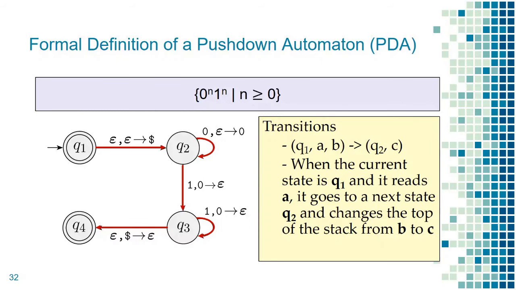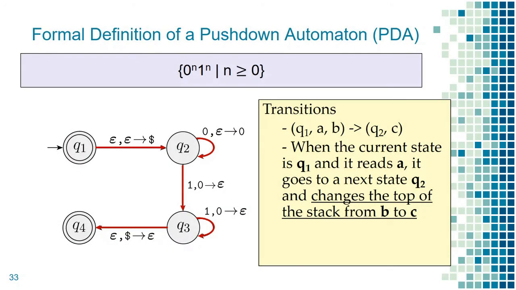With this one, it's slightly different. We need to know what state we're in. We need to know what to do with the particular input character. We also need to know what to do with something on the stack. So what are we going to pop off the stack? And then we're also going to need to work out what we push onto the stack and essentially where we go to after that. Okay.